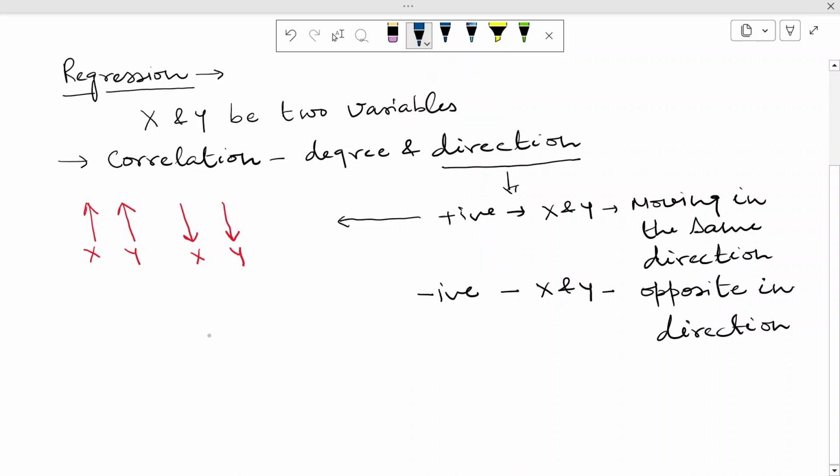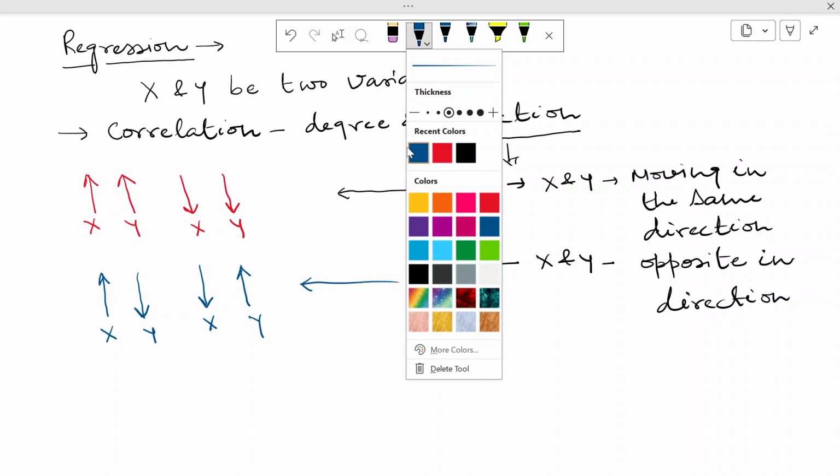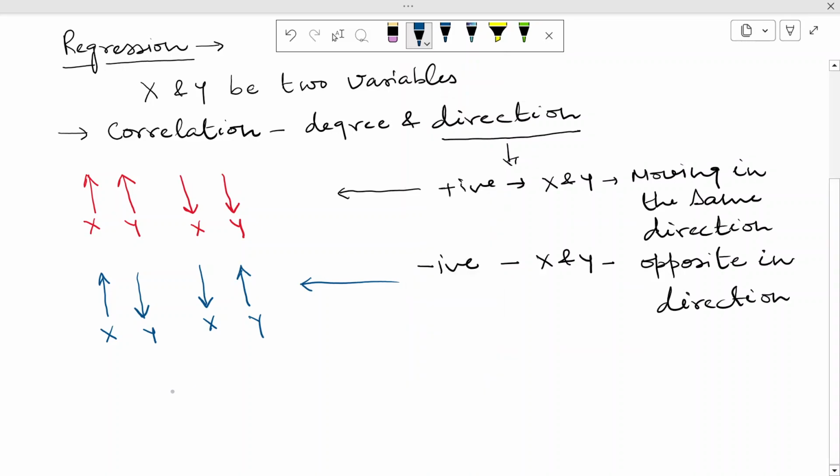On the other hand, when you are having the negative correlation, if you are increasing the value of x, then y will move in the opposite direction, means y will decrease, and if you are decreasing the value of x, then y increases. So this is our negative correlation.